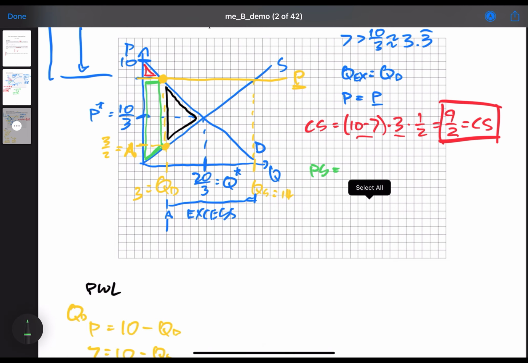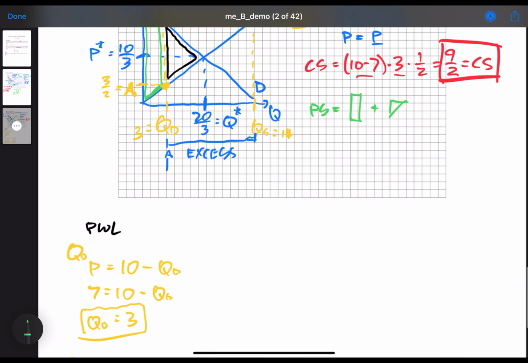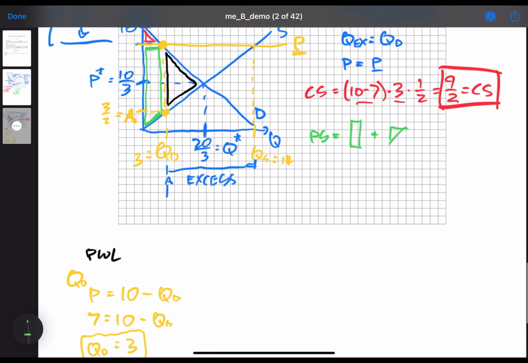Producer surplus is the combination of two things. It's that rectangle plus the triangle. So the area of the rectangle is height, which is 7 minus 3 over 2, so it's that A, times base, which is 3.